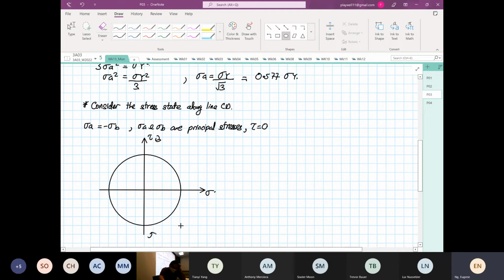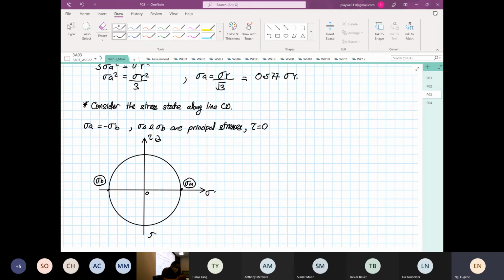Okay, that looks about right. So this will be our sigma A, and this will be our sigma B. So we know that the average stress has to be 0.